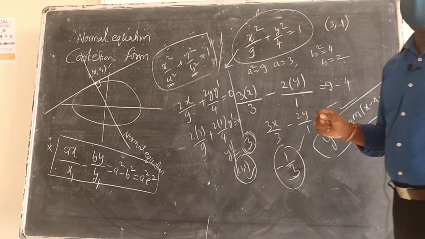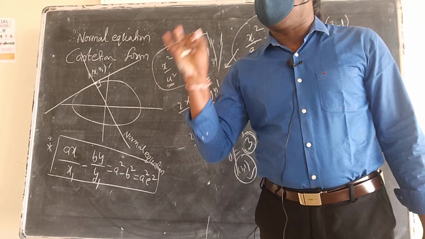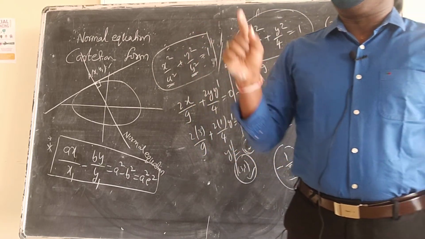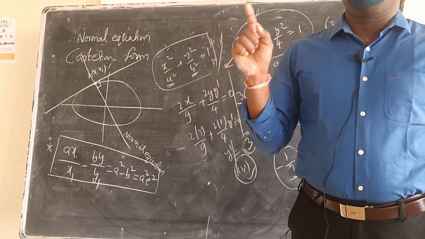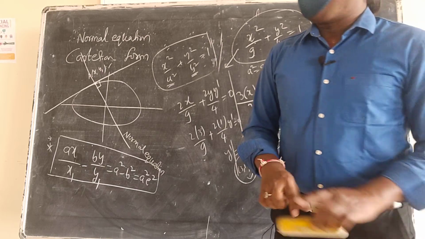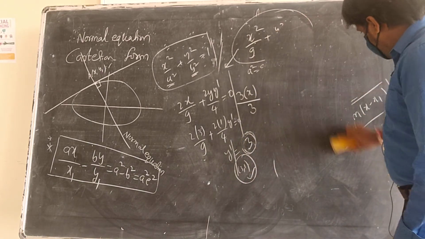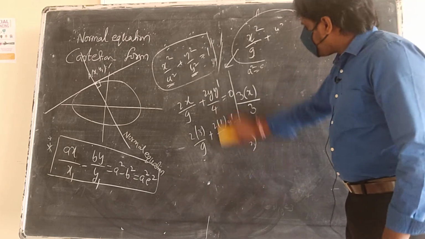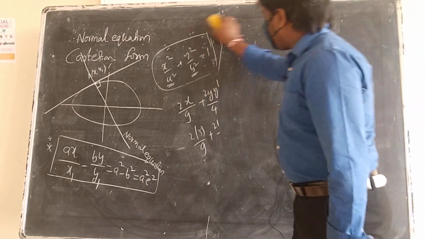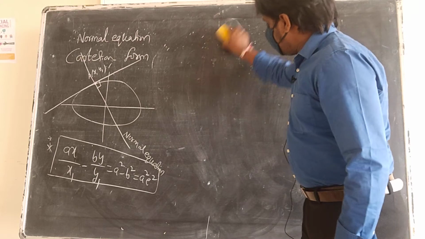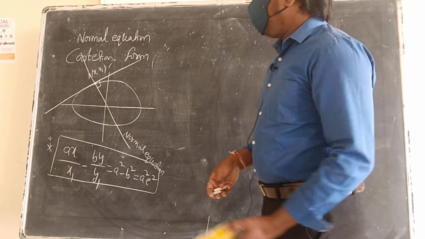So I informed you the equation of the tangent and the equation of the normal, in parametric form and Cartesian form. Another point to be discussed here is the eccentric angle between parallel tangents.